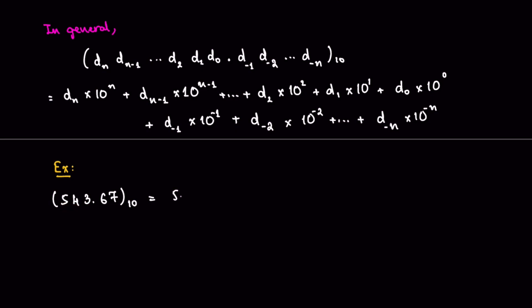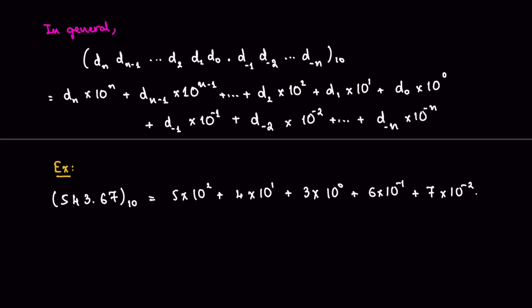So you take 5 times 10 to the second power, then 4 times 10 to the first, plus 3 times 10 to the 0. And then after the point, you're going to take 6 times 10 to the negative 1, plus 7 times 10 to the negative 2. And that's how you represent a number in the decimal system.